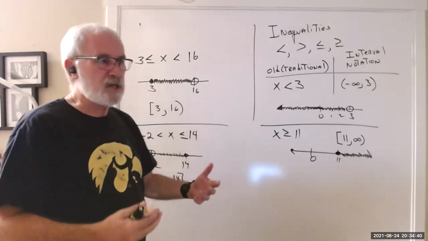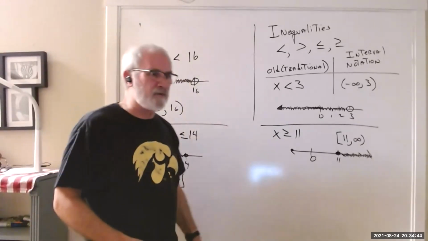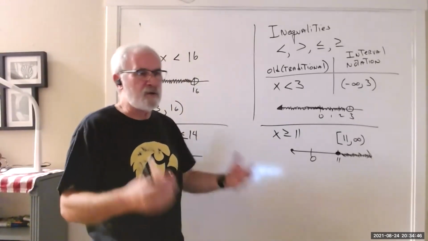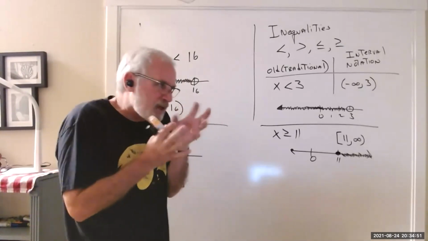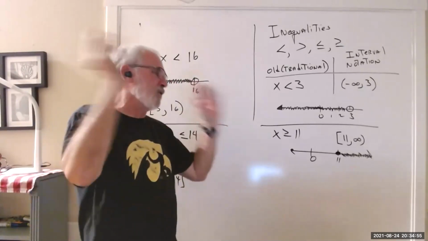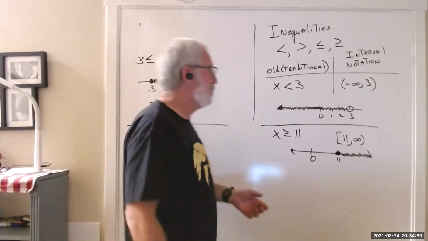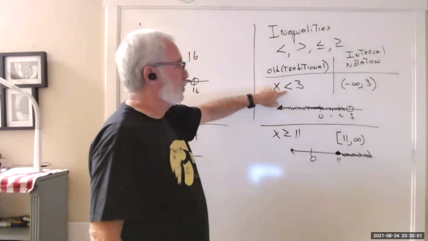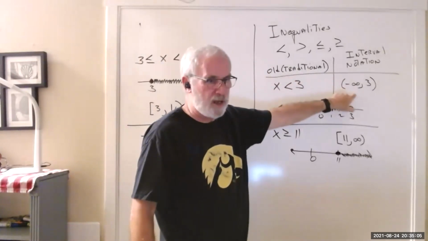So instead, they dump on the students and say, let them learn everything. So now you guys are stuck: you have to know the old traditional way and you have to know the new interval way.